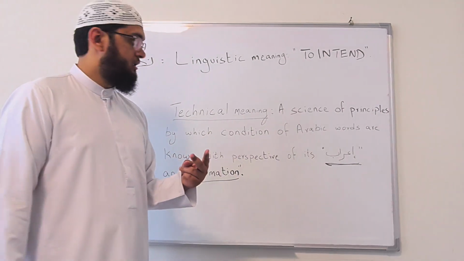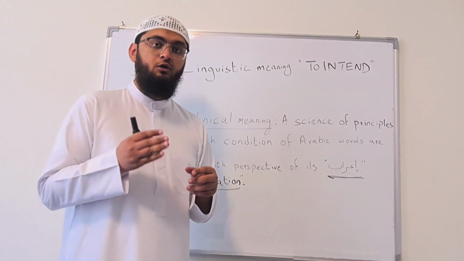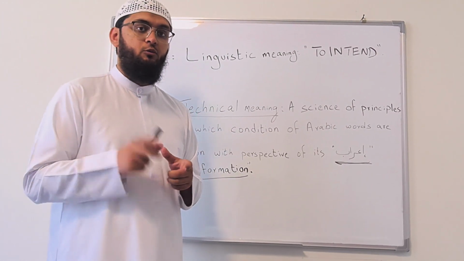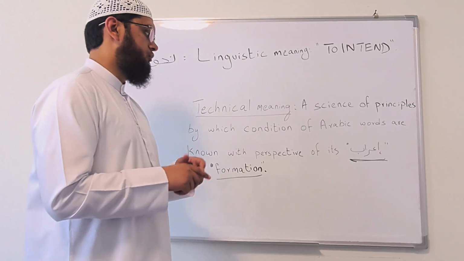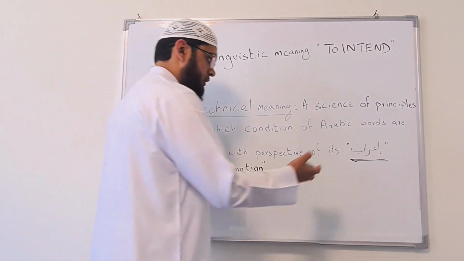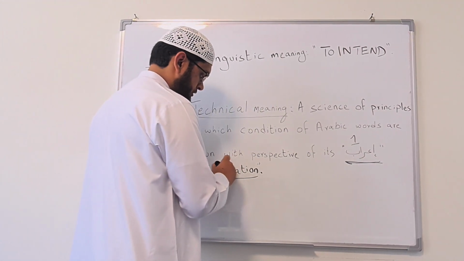So we know that there are certain principles through which we know the condition of an Arabic word. Number one is i'rab, number two is formation.